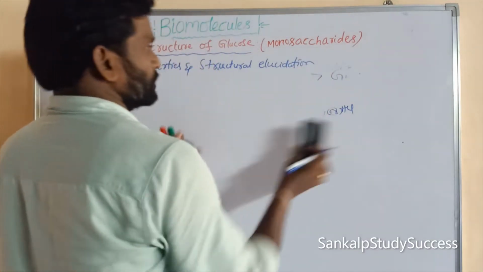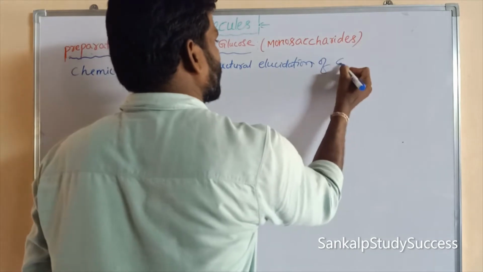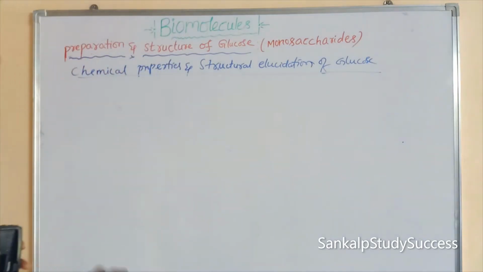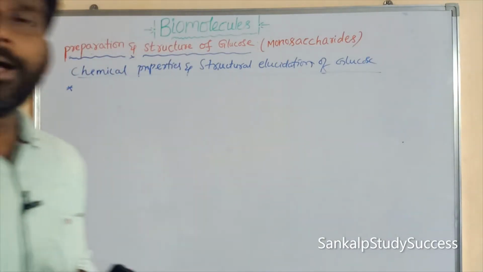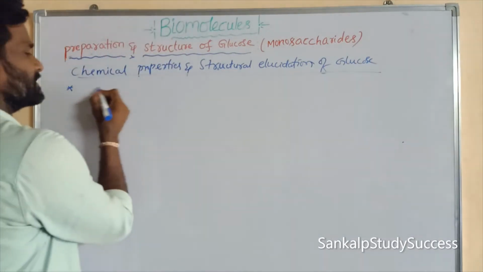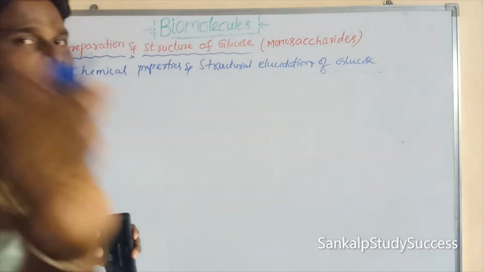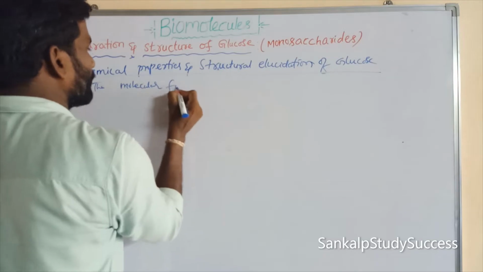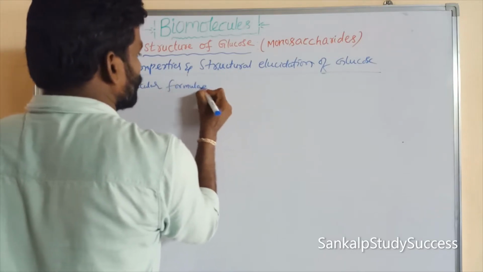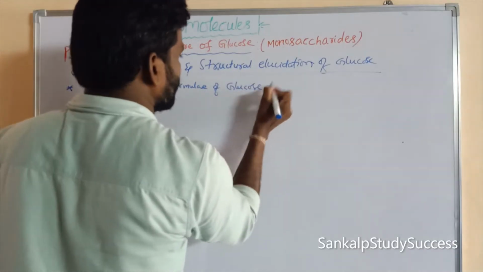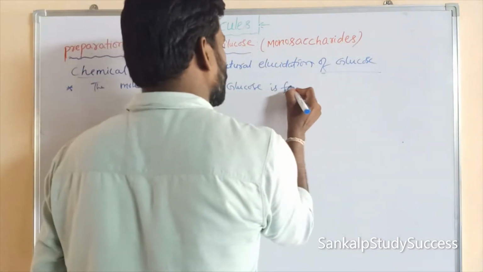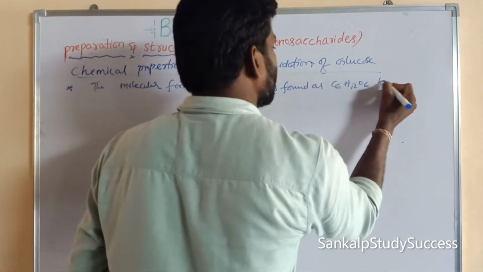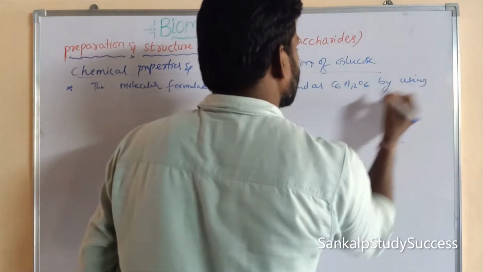First, the molecular formula of glucose is found to be C6H12O6 by using stoichiometry.